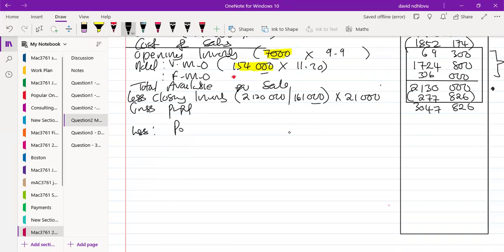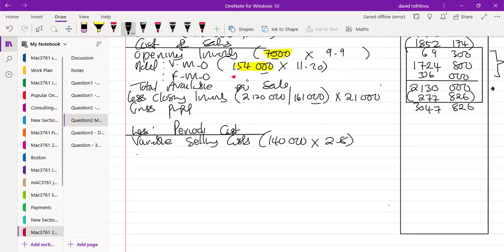Right, less the periodic costs. On the periodic costs, we then have variable selling costs. Remember, 140,000 units were sold at a price of 2.8 each.